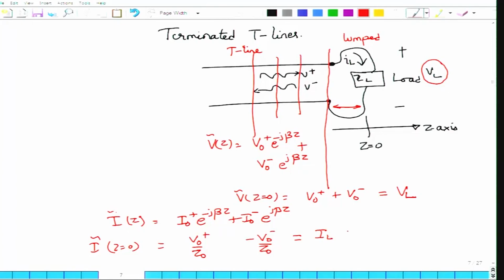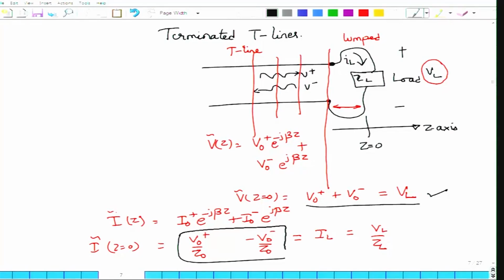The load current can also be written as VL divided by ZL, because IL must be equal to VL by ZL. Now you have two equations. One equation tells you that V0 plus plus V0 minus is equal to VL, and the other tells you that V0 plus by Z0 minus V0 minus by Z0 must be equal to VL by ZL.